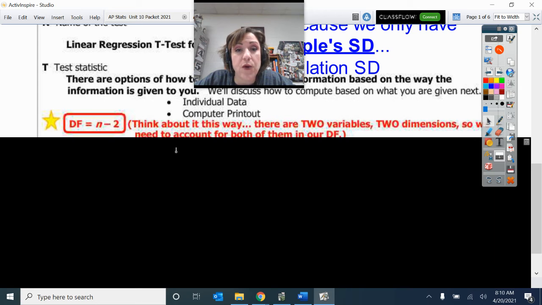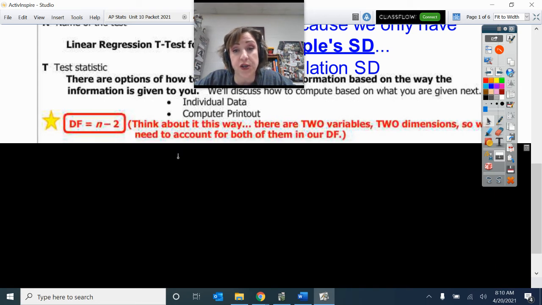Degrees of freedom. Remember how our degrees of freedom for t-tests were n minus 1, because we had one variable and we had one degree of freedom because you could pick things until you had one left over. Well, there's more involved into the reason why that's n minus 1. But in this case, there are two variables. Think of it this way.